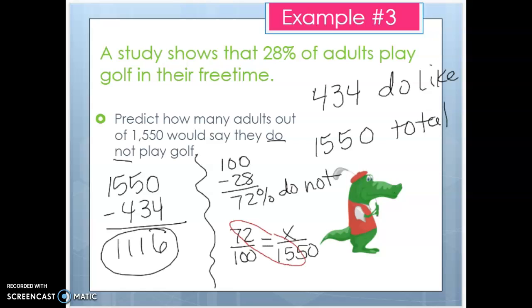Cross multiply 72 times 1,550, and then divide that by 100. And then we still get about 1,116 people. So you can see either way, I will get the same answer.